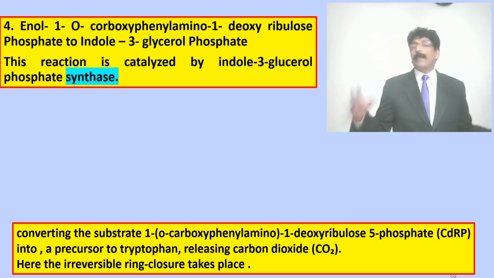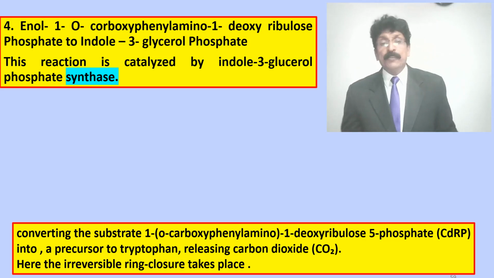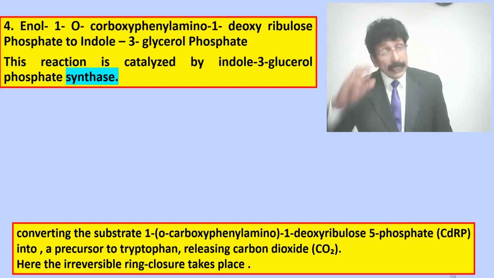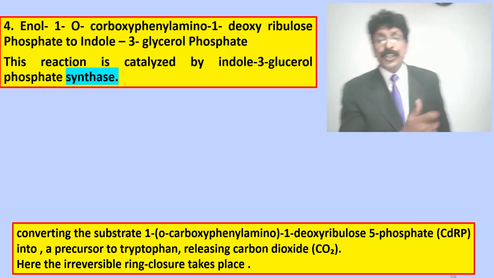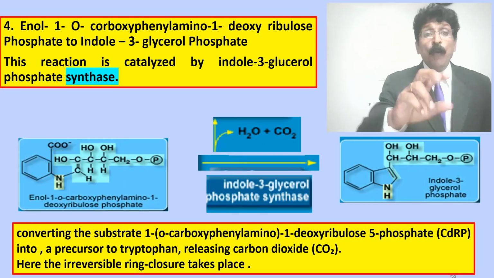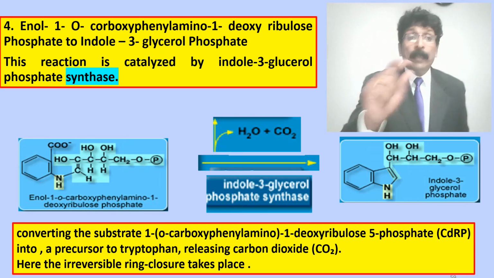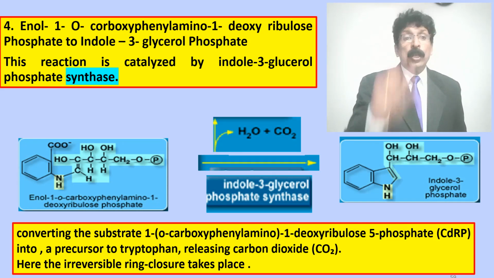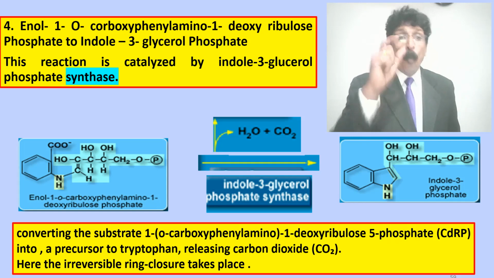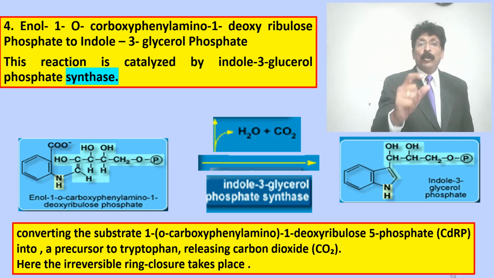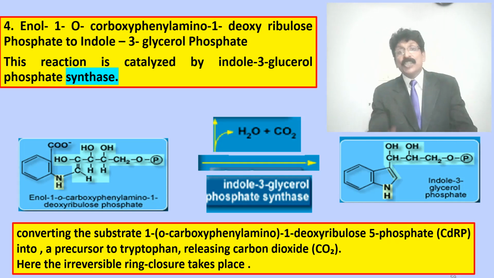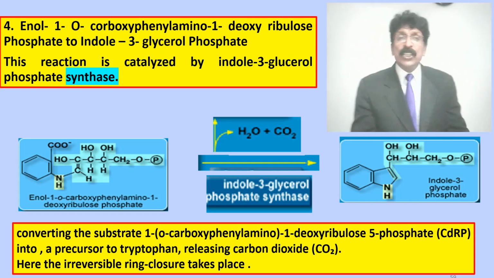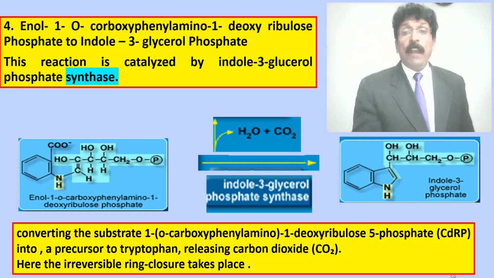It is a precursor to get the tryptophan, releasing carbon dioxide. Here it is irreversible, a ring closure takes place. You can see here how the open chain of enol, the double bond formed in the previous step, cyclizes by releasing water and carbon dioxide in the presence of indole 3-glycerol phosphate synthetase.